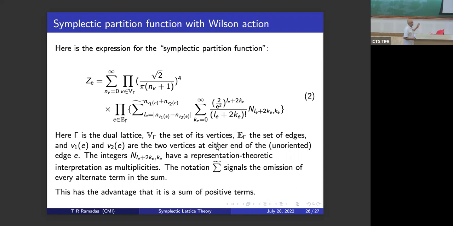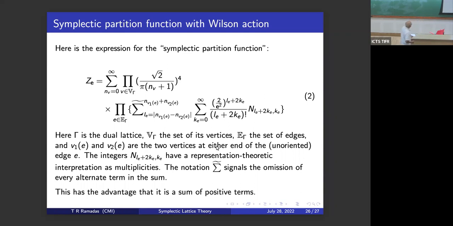Leave aside whether this has anything to do with the lattice gauge theory that you're interested in, and see what Duistermaat-Heckman gives you for the partition function of the lattice gauge theory with Wilson action, except that instead of integrating over lattice gauge variables, I integrate over the AF mod G. I use my expression for the characteristic function of these three-dimensional polytopes. And you get this expression for the symplectic partition function.